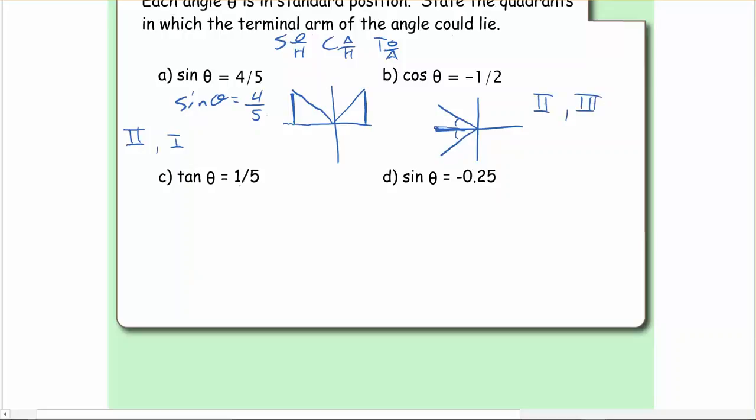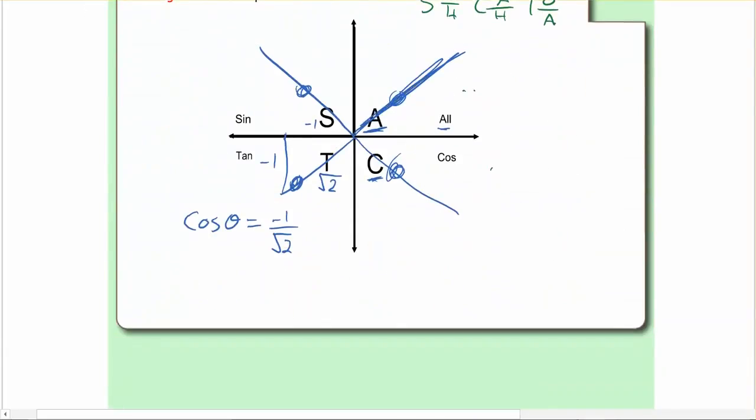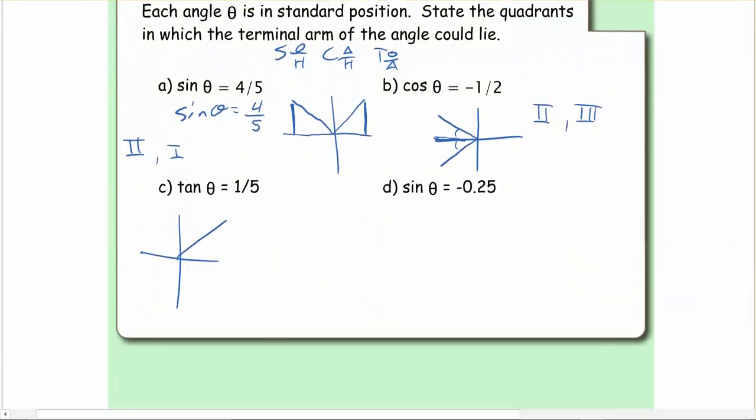Okay, tan 1 over 5. Well, I know it's going to be in this one, right? Because we already knew from our CAST rule that all of them are positive in that one. It's positive. That's what's important there. But the other one I can figure out is that it's also going to be positive over here.